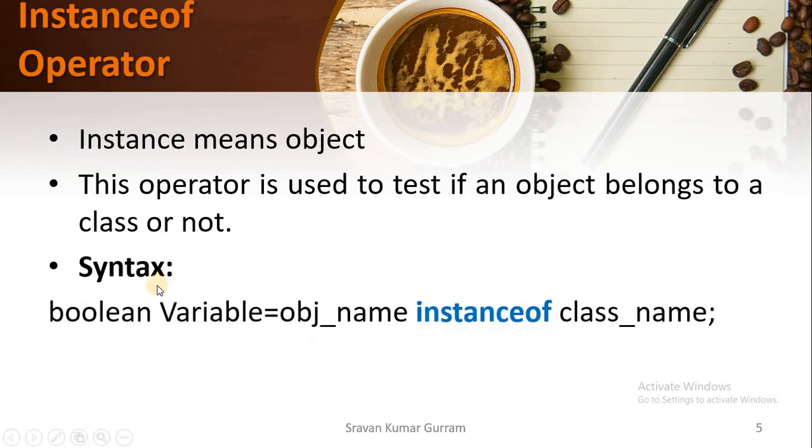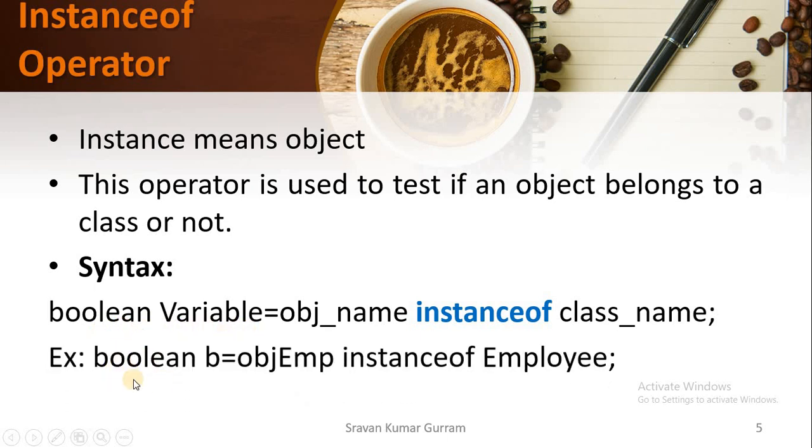Syntax of this instanceof operator is object name, instanceof operator, class name, and it returns either true or false. If this object belongs to this class, it returns true. That's why we need to store it in a Boolean variable. So for that, we are declaring a Boolean variable here.